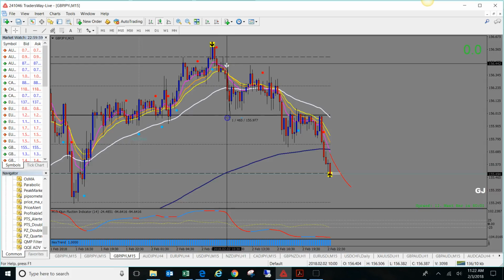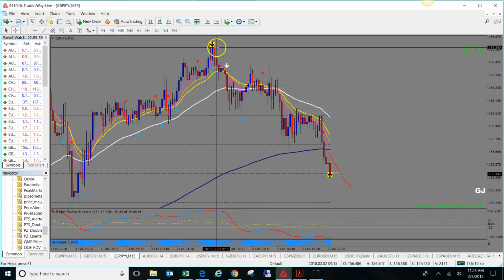Again, paying attention to these black lines and these moving averages, you see price close below. It did come back up here for a little bit. So if you took this trade and you entered here, it probably came back to break even. So you probably would have been like, oh my God, it's about to reverse. But look at that red dot. If you entered here off the red dot, hopefully you probably would have closed out at 50 pips.